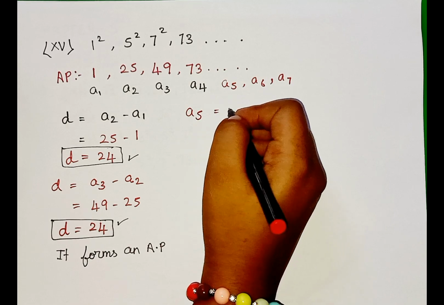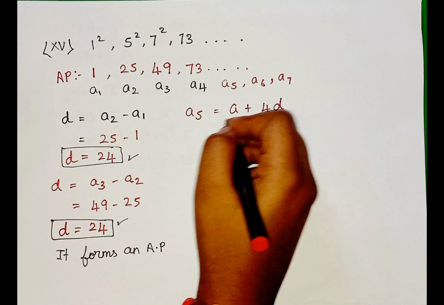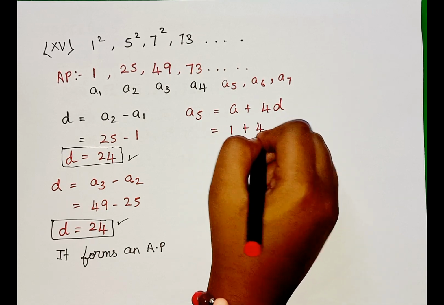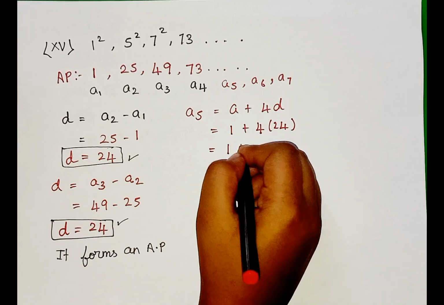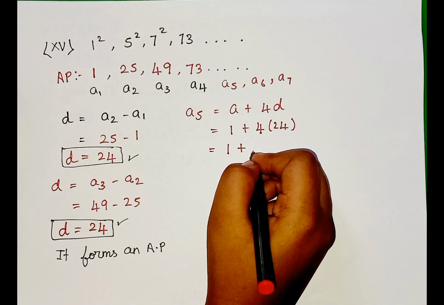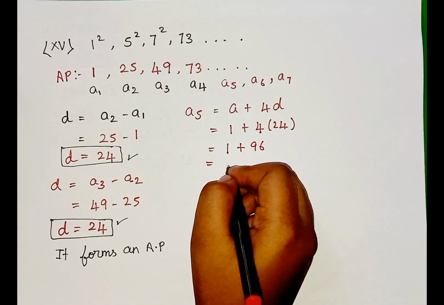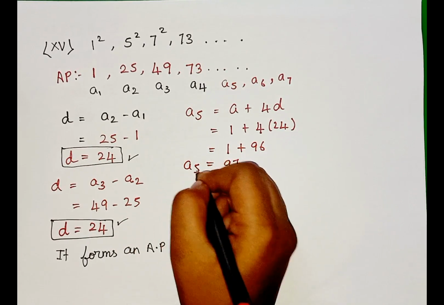Alright, so now let us find the A5 value. For this also we have a formula, that is A plus 4 into D. So the A value is 1 plus 4, D value is 24, is equal to 1 plus 24 into 4 is 96, is equal to, when we add them, we will get 97. So this is our A5 value.